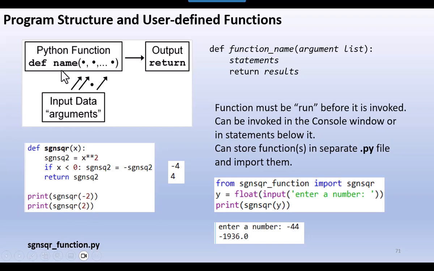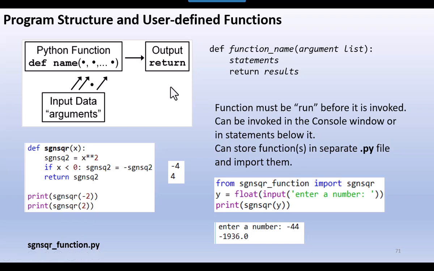We give it a name, and this syntax is somewhat different than you find in MATLAB. And then we have possible input arguments for the function, and the function returns an output when it encounters a return statement. All right.